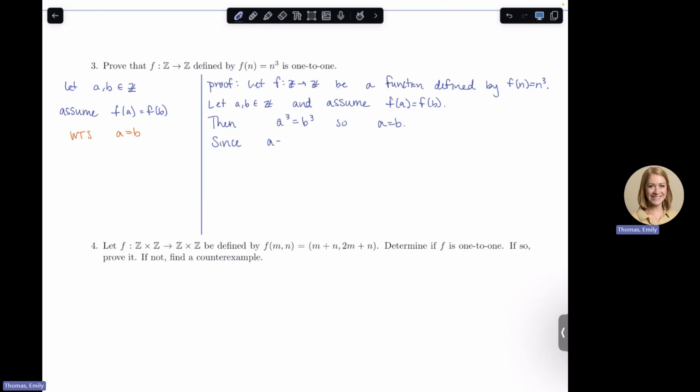And since A equals B whenever f of A equals f of B, we have that f is 1-to-1. Boy, that was short.